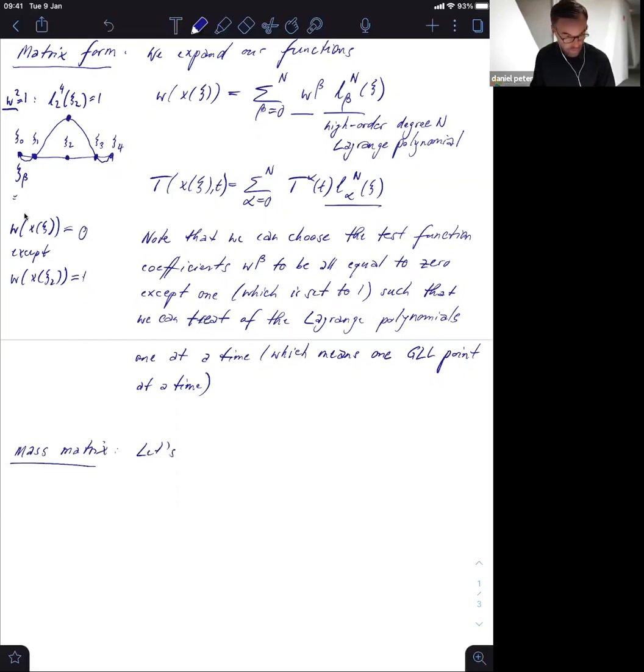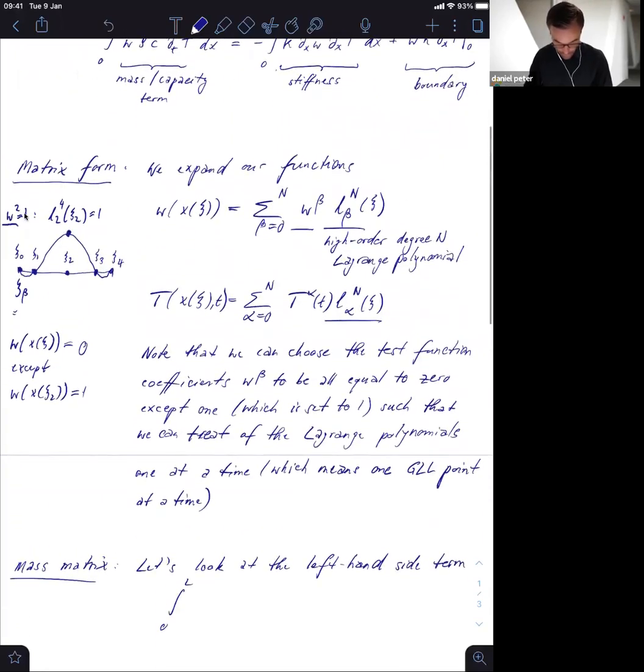So what we look at is the left-hand side term, which looks like this. It is the integral from 0 to L of W rho C time derivative of T dx.